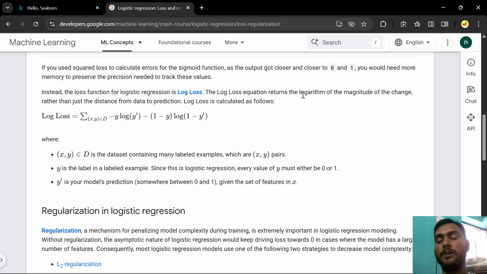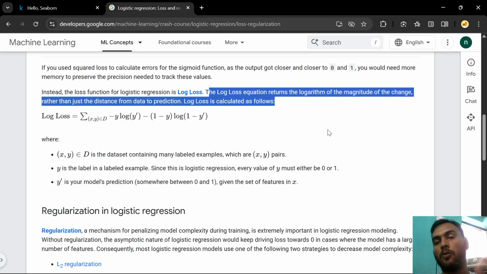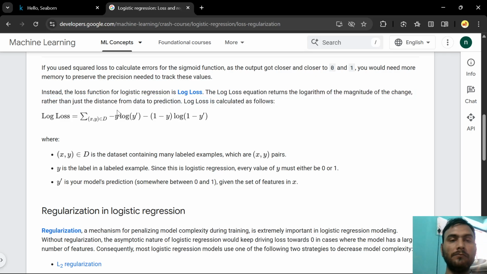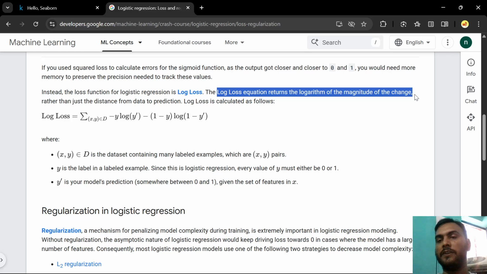The log loss equation returns the logarithm of the magnitude of change, rather than just the distance from the data to the prediction. In linear regression, we saw that there was a straight line, and for each data point, we calculated the difference between the correct data point and the line plotted. That was the distance we squared. But in this case, we see the magnitude of change and we calculate the log of that change, not just the distance.